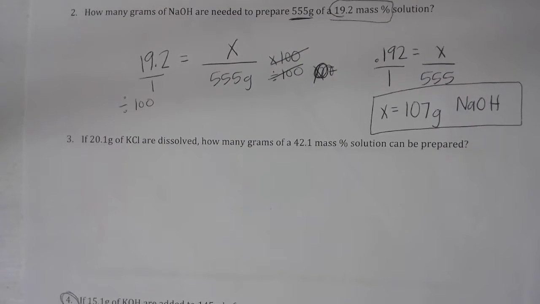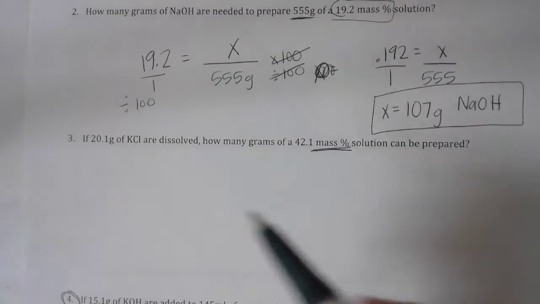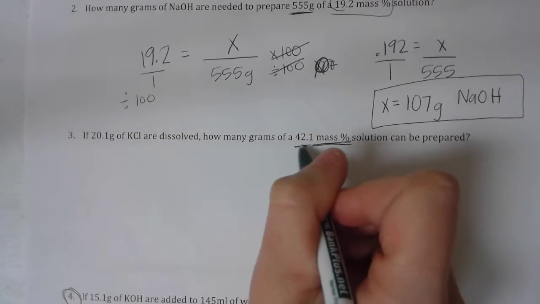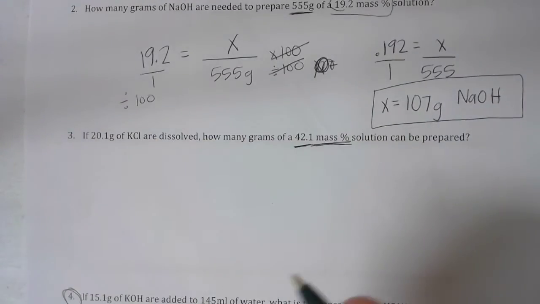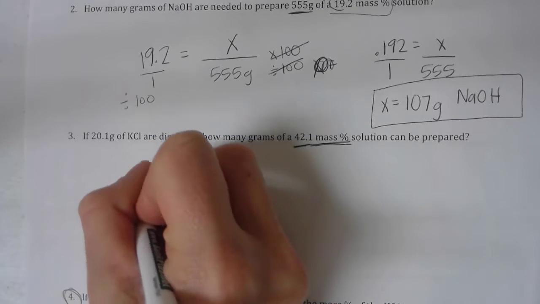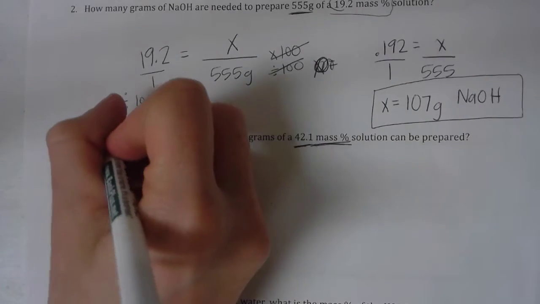Again, I see mass percent, so I'm going to use my mass percent equation. This number is actually giving us the mass percent, so I'm going to plug that in to my mass percent. 42.1% equals this 20.1.